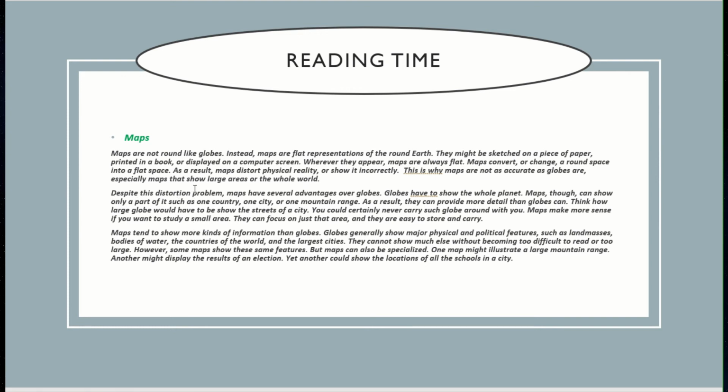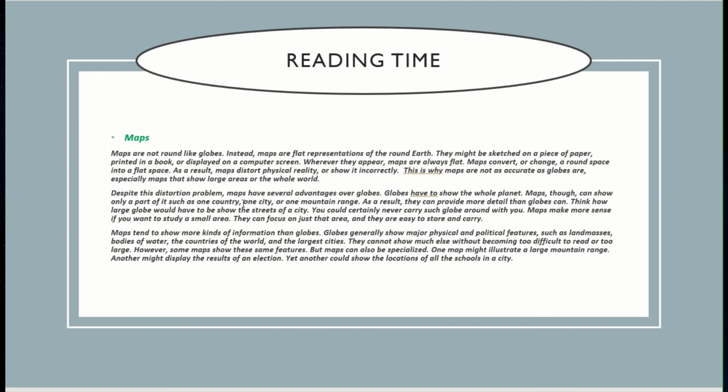Despite these distortion problems, maps have several advantages over globes. Globes have to show the whole planet. Maps, though, can show only a part of it, such as one country, one city or one mountain. So if you want to focus on one particular country, you can create a country's map.